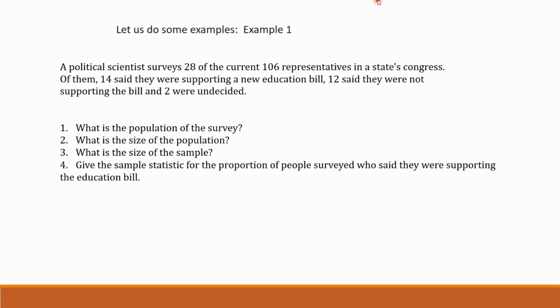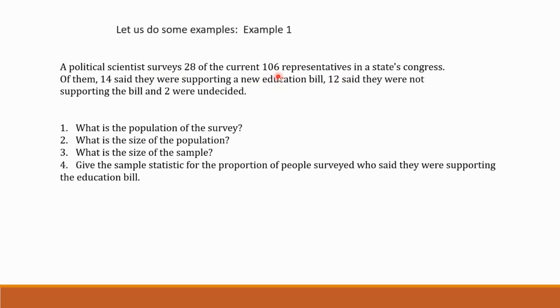So the question then is, what is the population of this survey? Well, hopefully you can see that it would be the 106 representatives in that state's Congress. The political scientist is surveying a sample of those people, so these representatives would be the population.